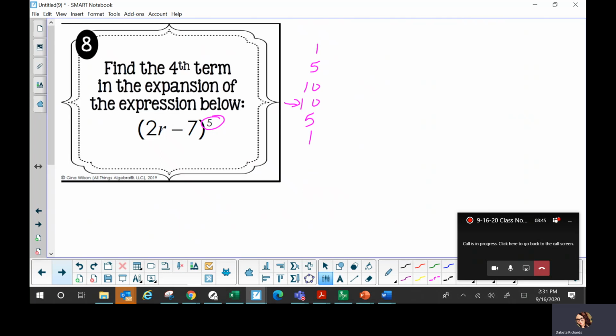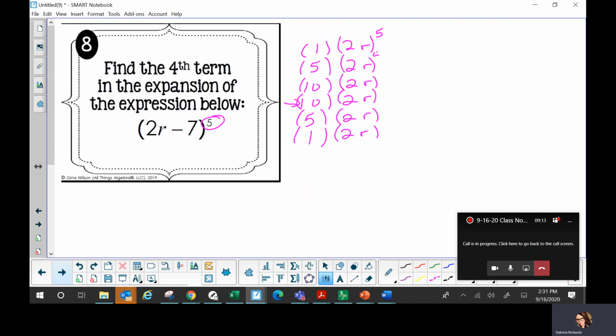If you're just trying to find the 4th term, I like to go ahead and list everything out so I don't get confused with my exponents. So our first term is 2r. So write that out. And when you're labeling your exponents, you start at 5, work your way down.